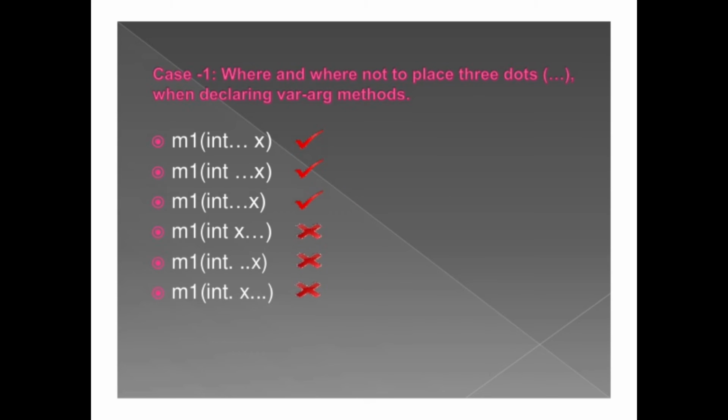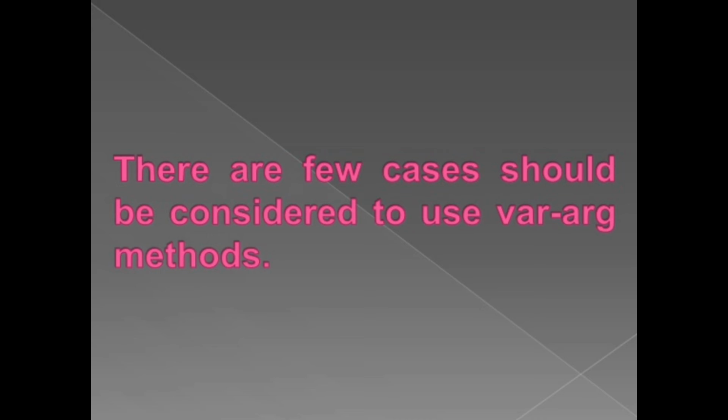In case 1, where we place three dots and where we do not when declaring variable argument methods. Where the usage is correct, I am ticking the right marks, and which ones are not correct, I am showing with wrong marks.